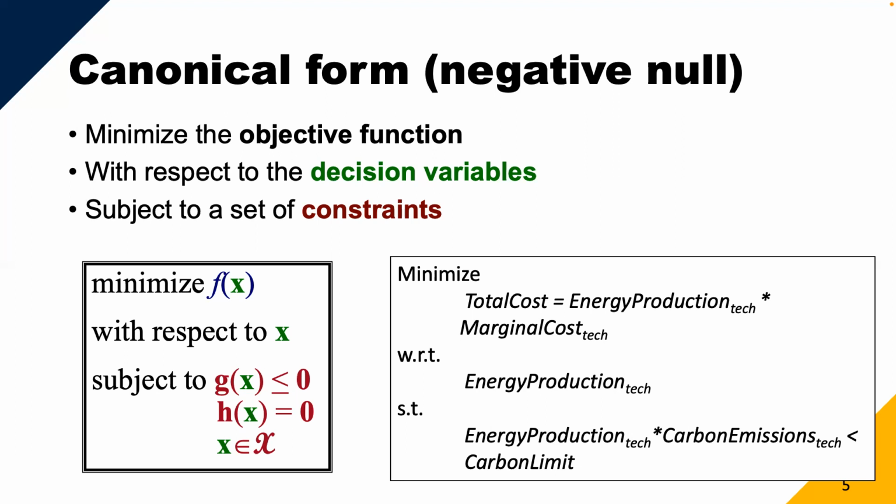Okay, so actually really quick. If I just had this set of information, so ignore the thing down here, can anyone tell me what value of energy production I would choose?